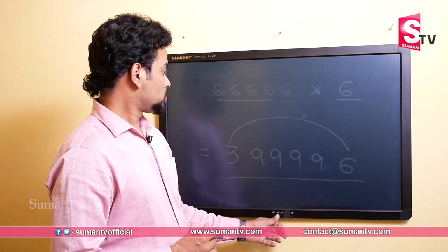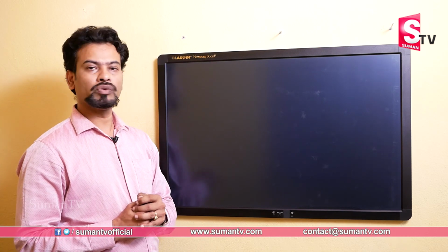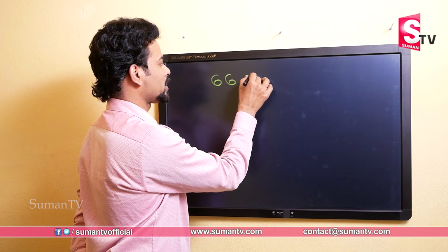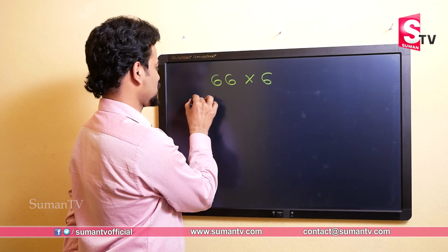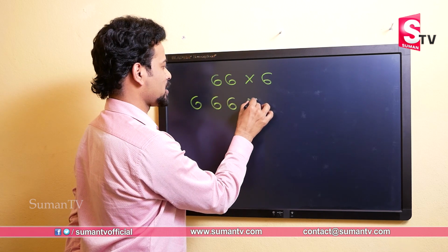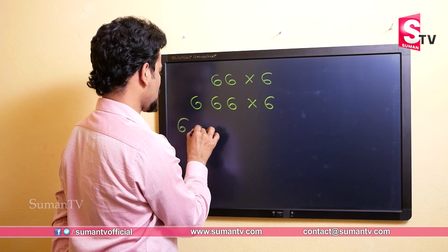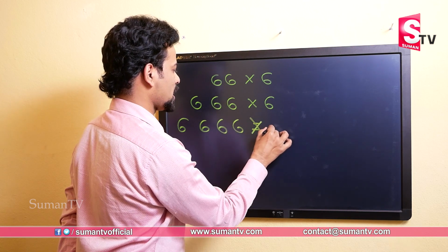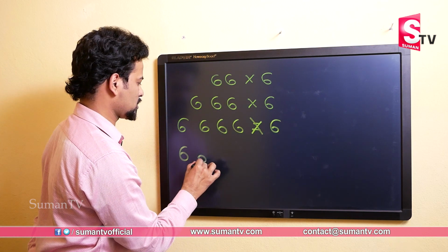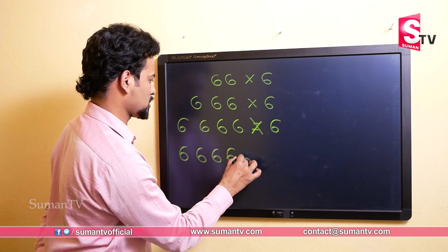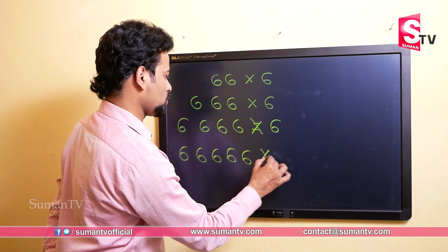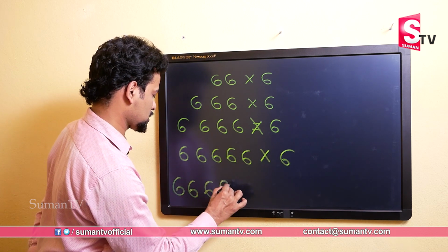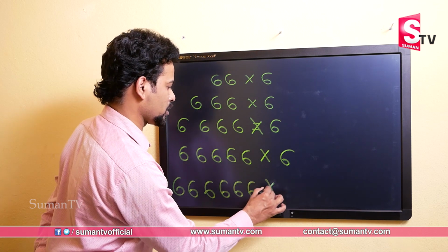So this is one kind of multiplication. Let's do some more examples in this so you can better understand. Let's try 66 multiplied by 6, 666 multiplied by 6, 6666 multiplied by 6, 66666 into 6, and the final one is 666666 into 6.